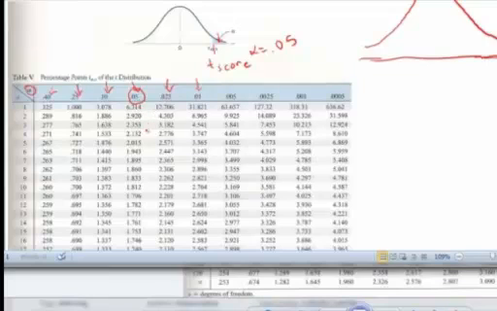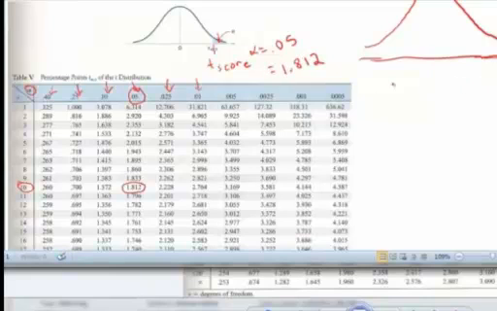Now we have to know how many degrees of freedom we have. So in a case where we've got 10 degrees of freedom, we're looking over here, and the t-score for 5% greater than that value is going to be 1.812.